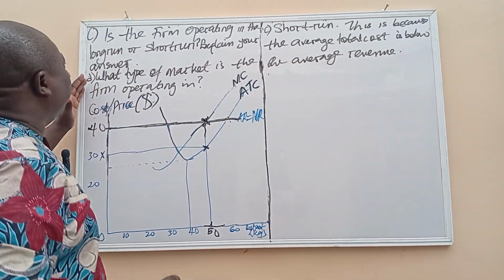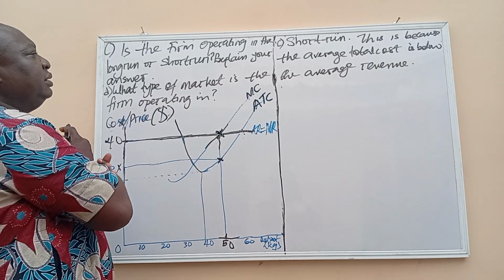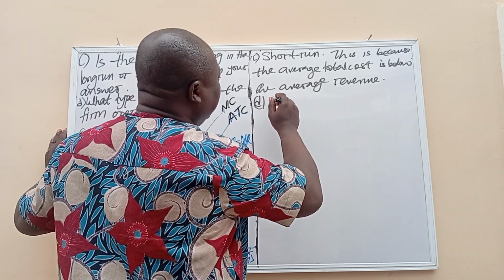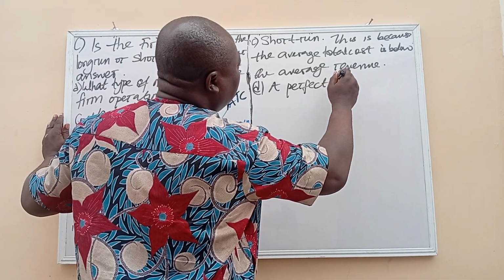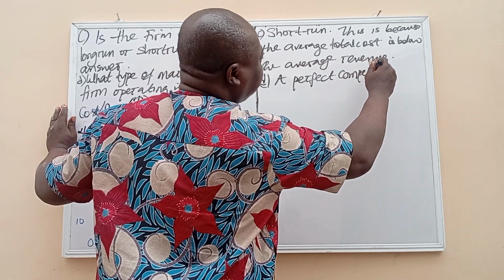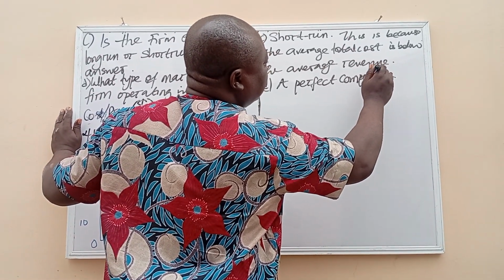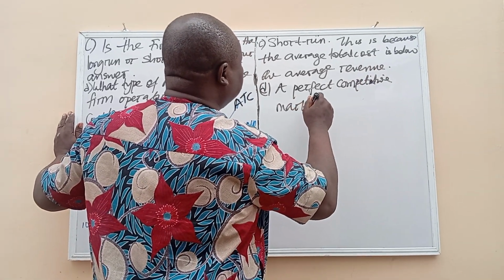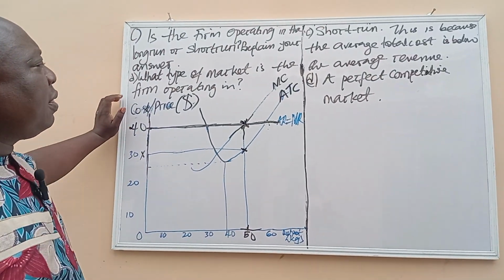Then we go to D. What type of market is the firm operating in? It is a perfect competitive market.